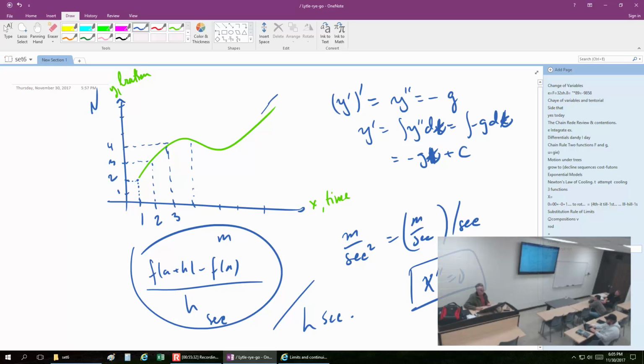The second derivative of x with respect to t is 0. So what does it tell you about x prime? It's a constant, so you're moving with a constant speed horizontally. The result is a parabolic motion.